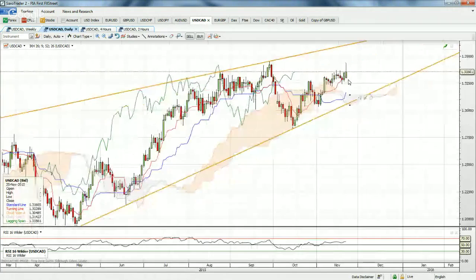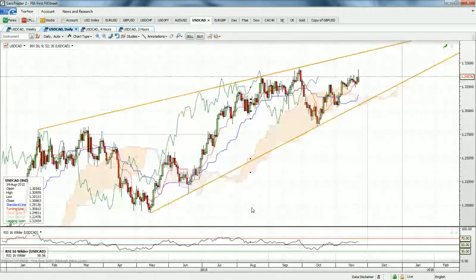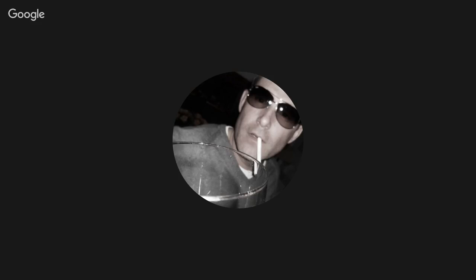There's no Canadian figures out this week. There's no oil related news that's expected. I think the medium to long term bias is to the downside, and it's to target this 120 level.